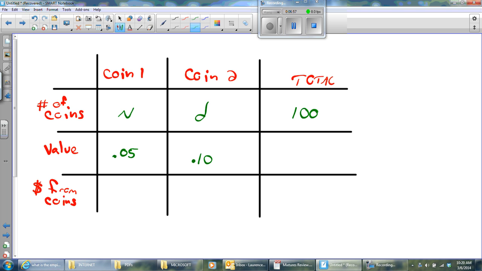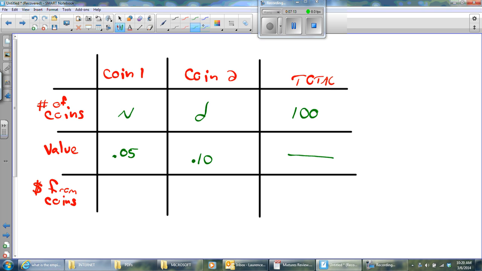What's the value? We don't fill this box in because we don't have a dime or a nickel. Okay, we don't have a coin that's total 100. We have 2 coins that total 100, so we can't put a value here because they're 2 separate coins.